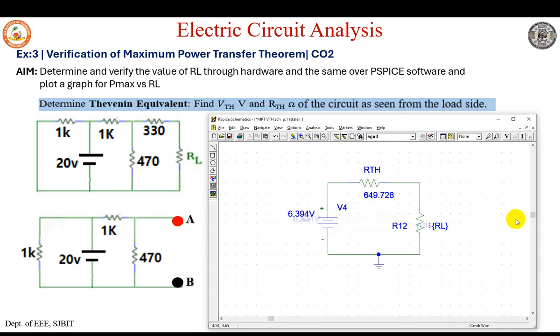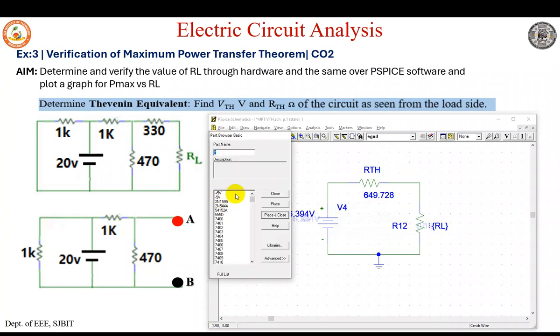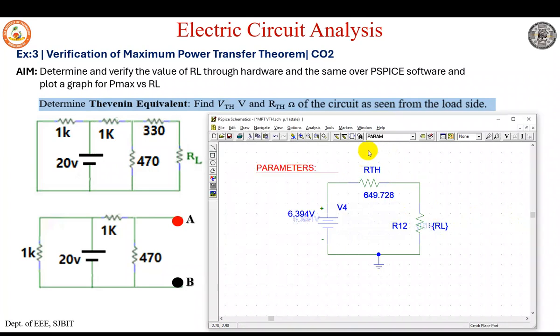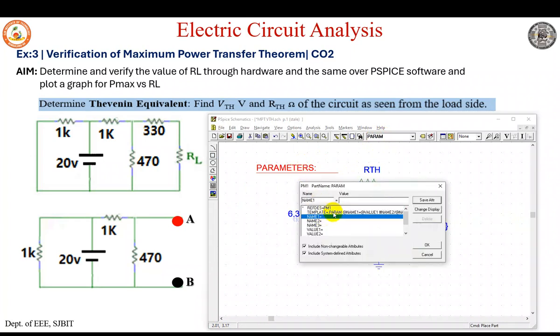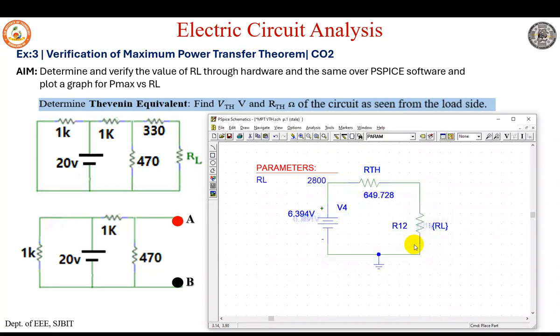We take one more part called param, or parameters. So double click on this, name what we have given, RL, and the value. In theoretical we have given up to 2.8K. Let us give it as it is.